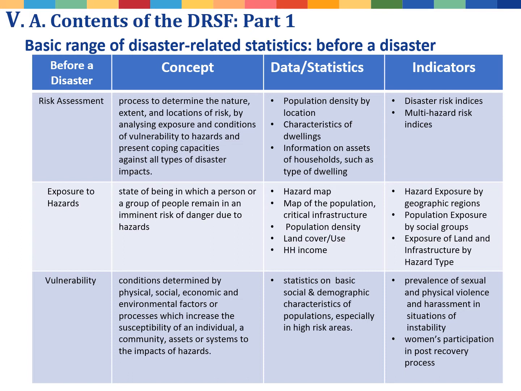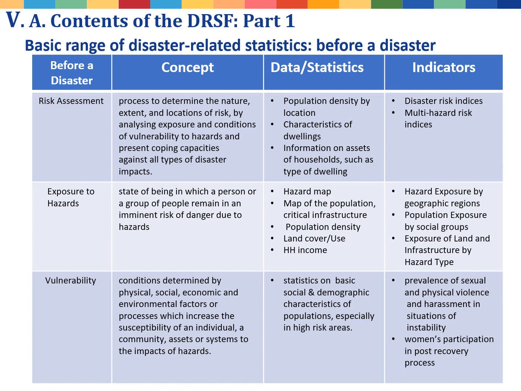The DRSF provides background information, and the concept of exposure to hazards is explained, and it also provides information on the data and statistics that are required and the sources of data, and also the indicators that will be generated from the statistics.